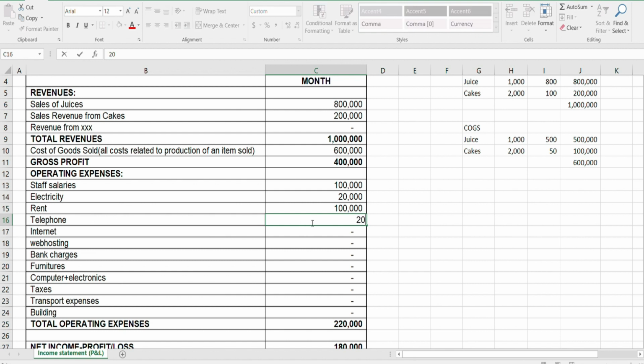Telephone may cost you 20k. Internet may cost you 10k. You will have to record all your figures. Website may cost you, let's say, 10,000. Bank charges may be 3,000.